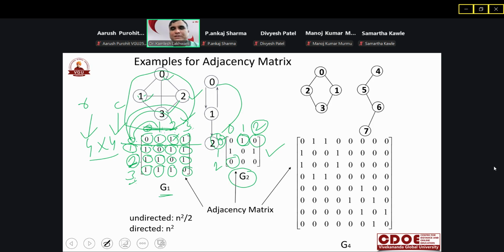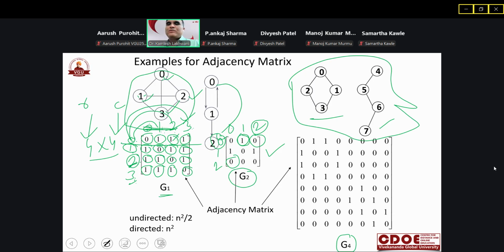I hope it is clear in your mind how a graph can be represented in the form of adjacency matrix. Another example, graph G4, this is an unconnected graph. There is a graph, but it is disjoint, because this part of the graph is not joined with the other part of the graph. So completely it is a graph, but it is an unconnected disjoint graph.